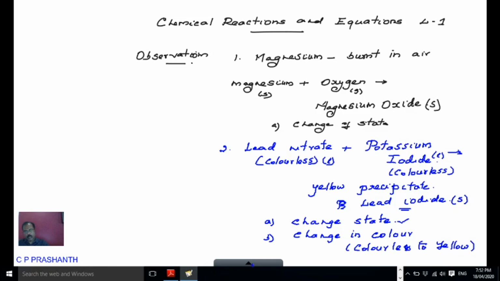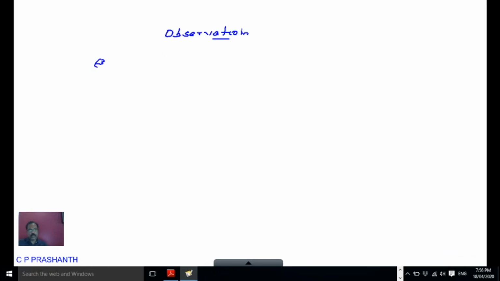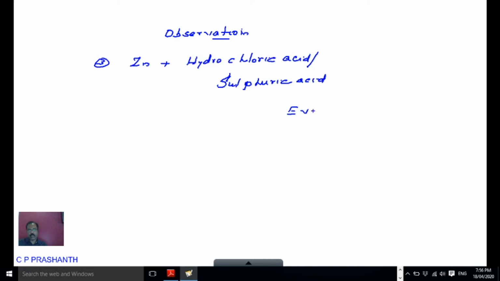So let us examine the third reaction, where we made zinc react with HCl, hydrochloric acid, as well as sulfuric acid. In both these cases, you observed the evolution of some gas, and you know which gas is evolved. It is hydrogen gas.